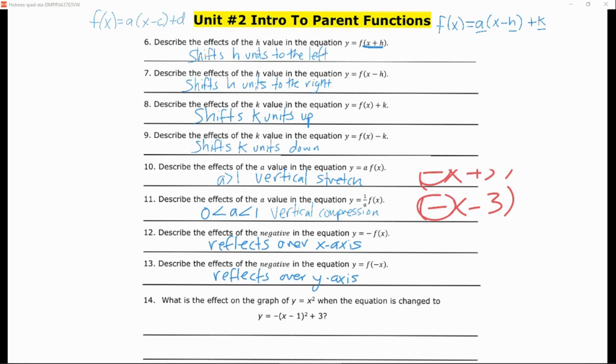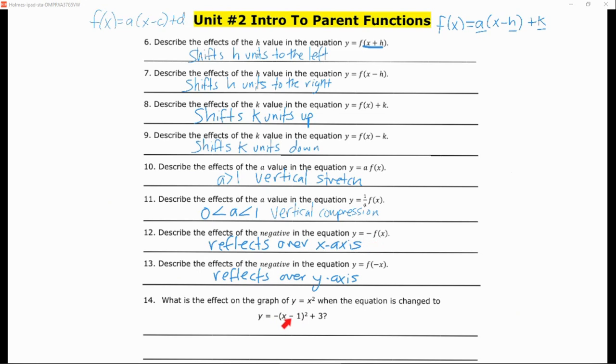Okay, let's move on to number 14. 14 is our actual first scenario. Here we want to talk about the effects of this function. Here we're going to combine all of these rules into one problem. We have a negative in the front, we have a negative inside, and a 3 on the outside. Now, the negative in the front is going to flip it over the x-axis. It's this rule. So it's going to be reflected over the x-axis.